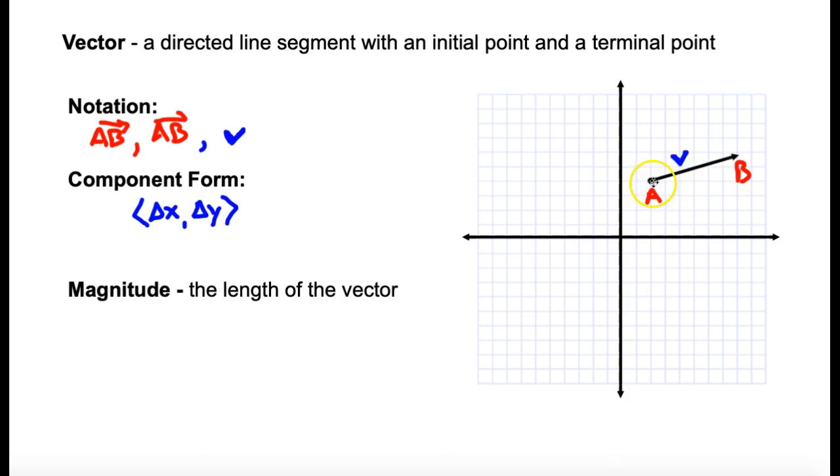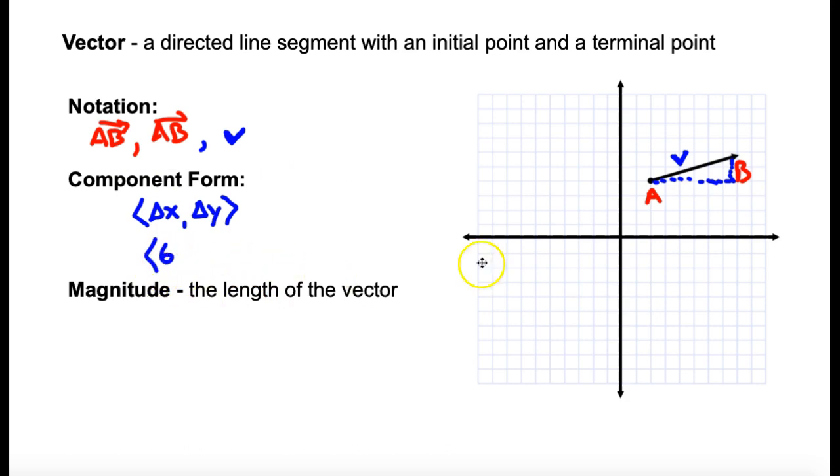So for this vector, we're looking to see how far did we go to the left or right, and then how far up did we go to get from the initial point to the terminal point. Starting here and ending here, we went 1, 2, 3, 4, 5, 6 over. So my change in x would be a positive 6.